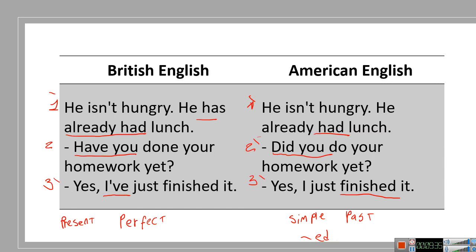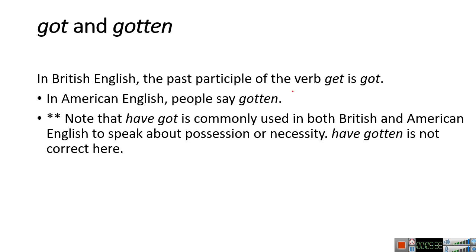So let's continue. Now, we have also got and gotten. In British English, the past participle of the verb get is got. So British, got. In American English, people say gotten.